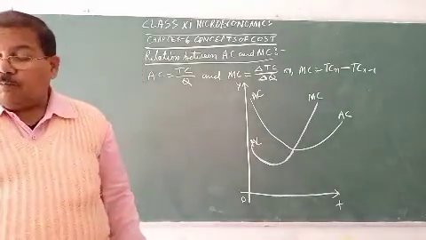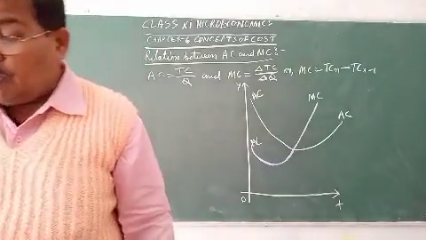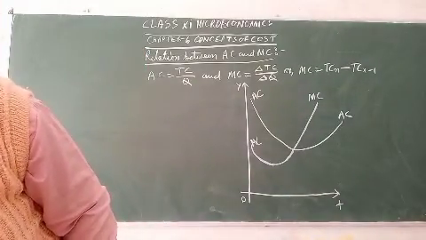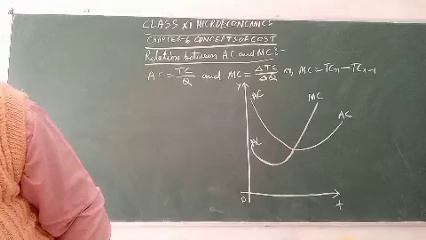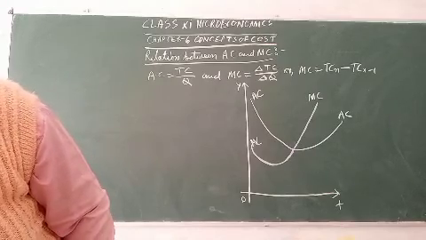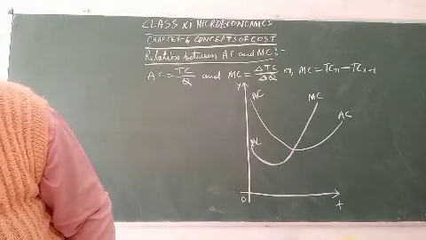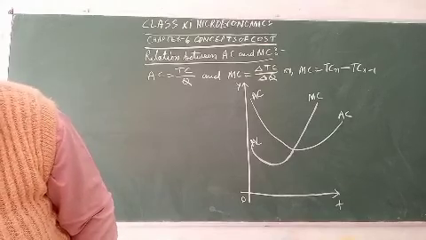The first relationship between MC and AC is that when AC falls, the MC curve is below the AC curve because MC is less than AC.